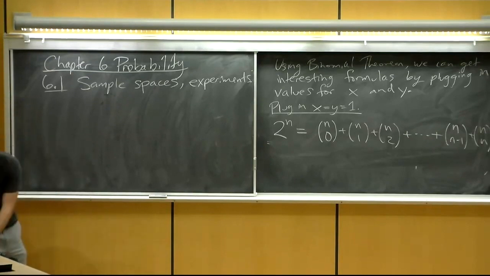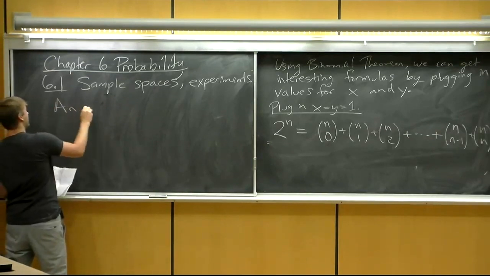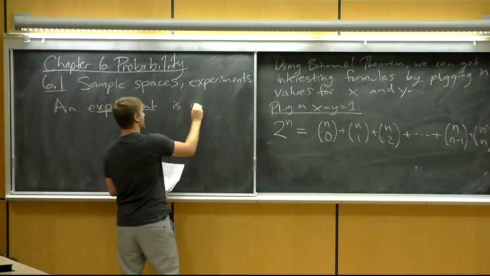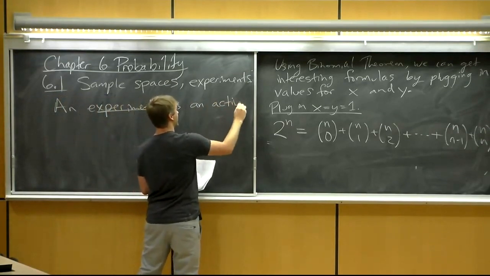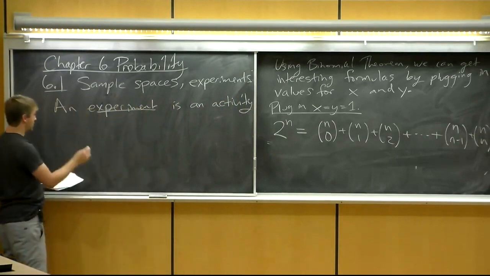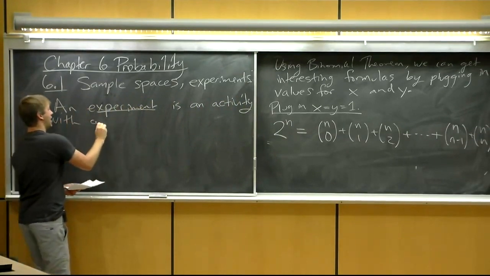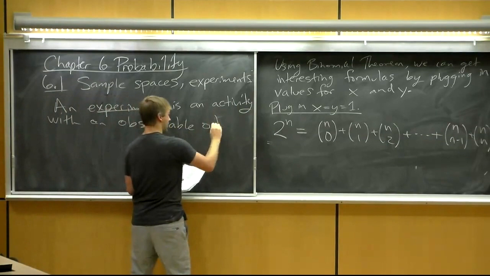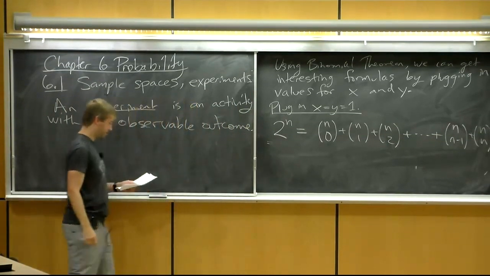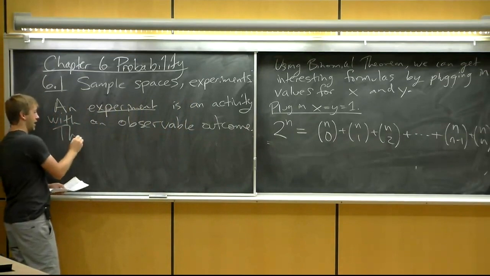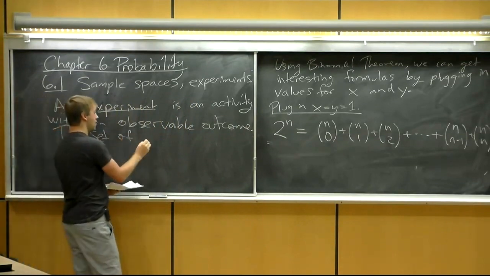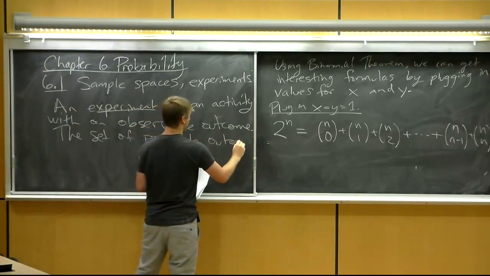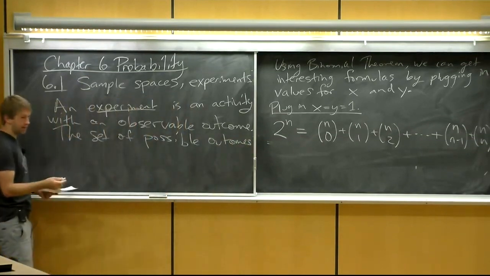So vaguely speaking, an experiment is an activity like flipping a coin with an observable outcome. And then the set of possible outcomes for an experiment is called the sample space.